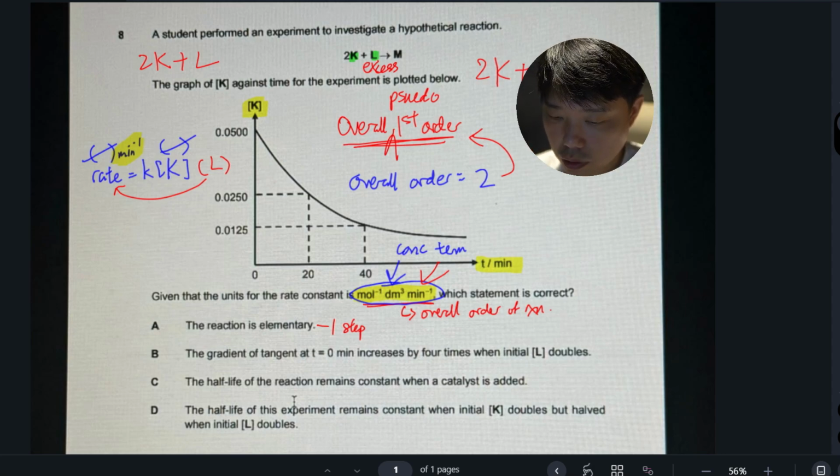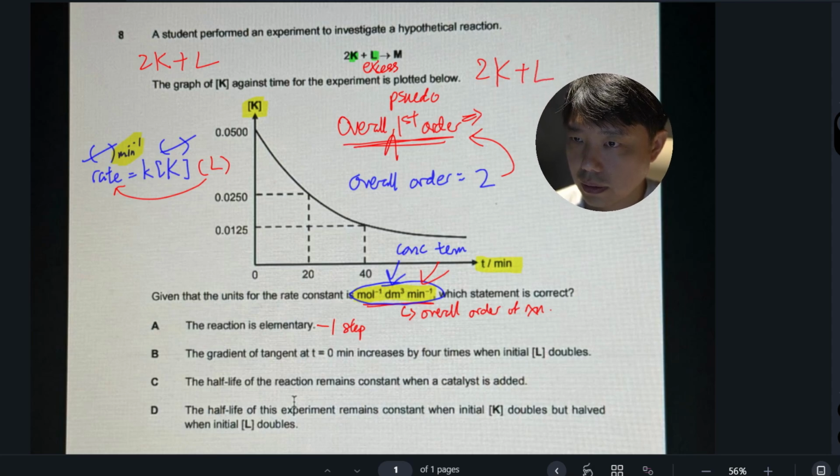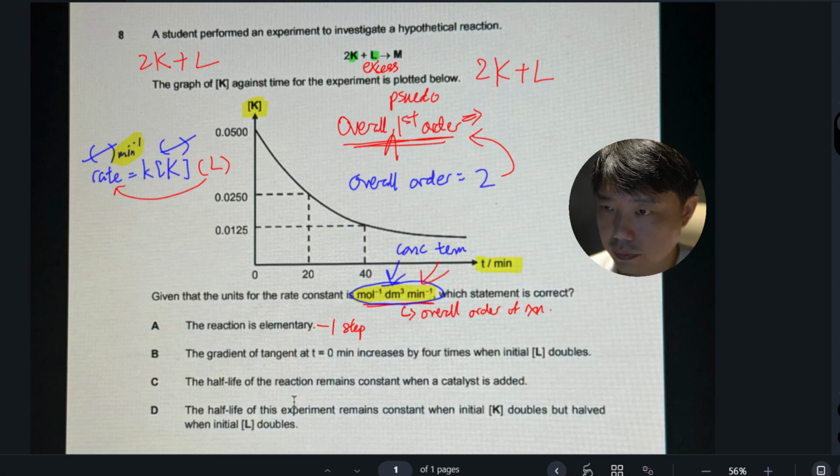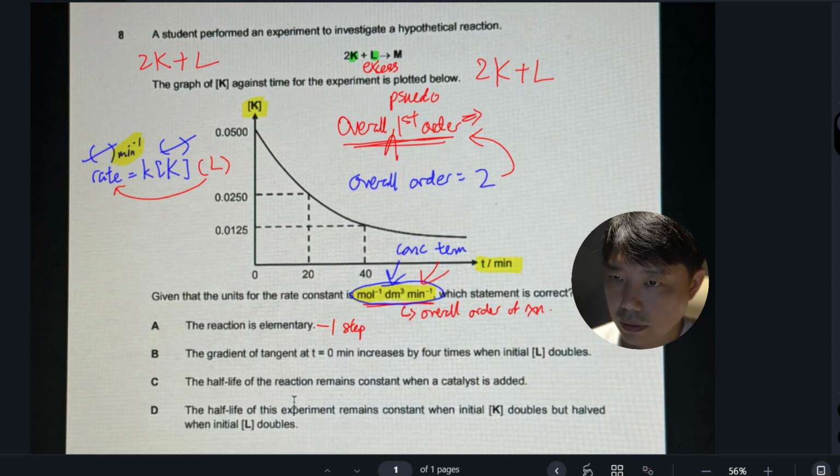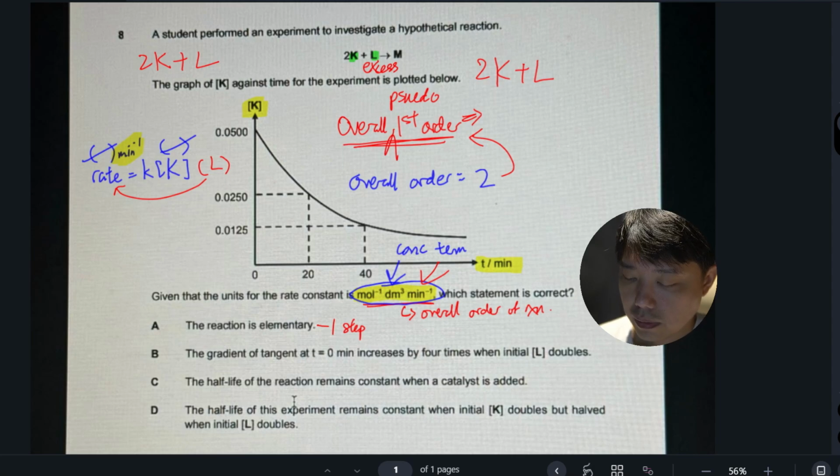First order, so means that only one, which means that overall pseudo first order, it means that only one K, one mole of K, is actually reacting in the rate determining step.